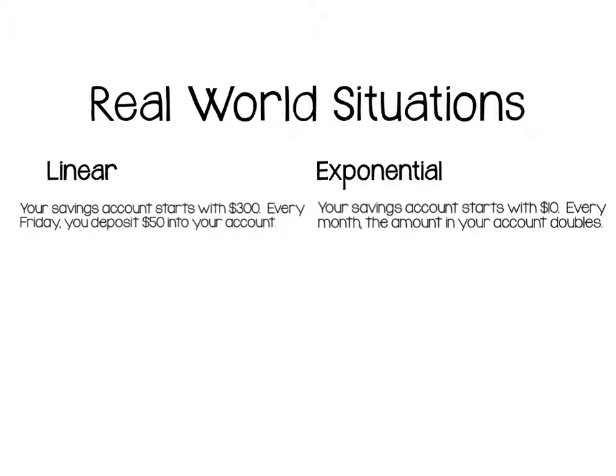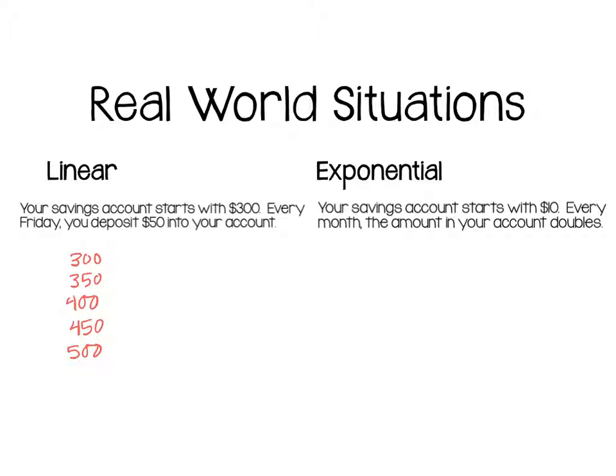Now with real-world situations, the easiest thing is to set up a table. So looking at this linear example, your savings account starts with $300. And every Friday you deposit $50 in your account. So the following Friday you would have $350, then $400, then $450, then $500, and so on.